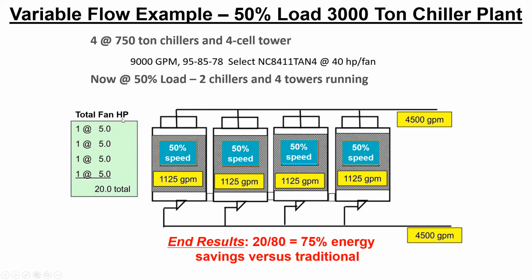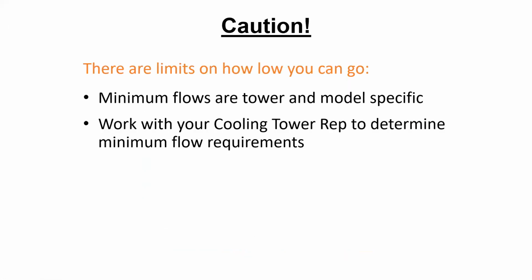So our 40 horsepower fan just works at 5 horsepower, and the total of 4 will be 20 horsepower. And we're talking about a 75% reduction in energy use, because we are using all of our towers, but because of using VFD, we can reduce the speed down.